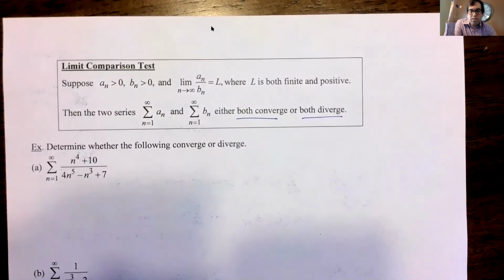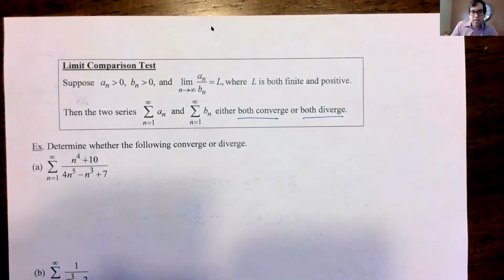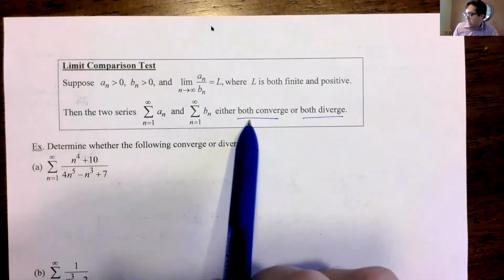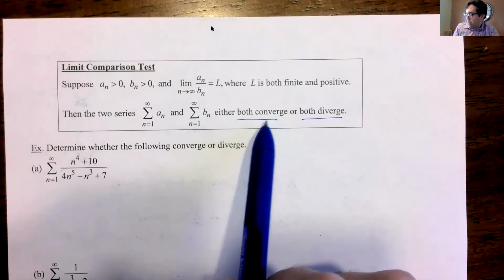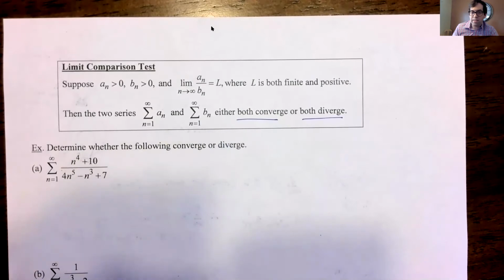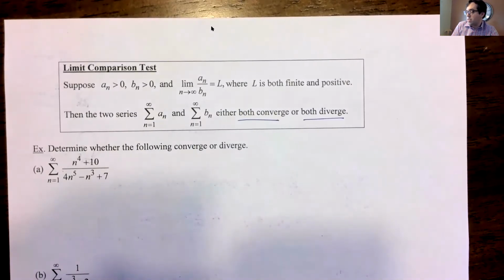So when that happens, both parts of this fraction, the numerator and the denominator, are growing at the same rate. And it's that same idea here in this comparison test. They either both converge because they're growing at the same rate, or they both diverge because they're growing at the same infinite rate. So we just have to believe that if we are getting some positive and finite L, that means that these do the same thing. Okay, so that's what's going on here.